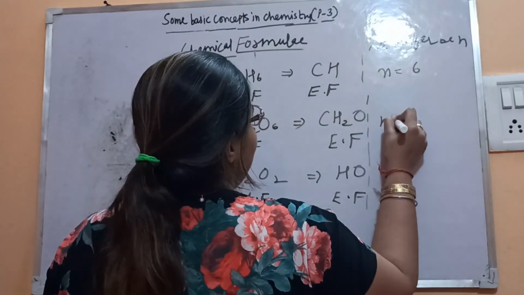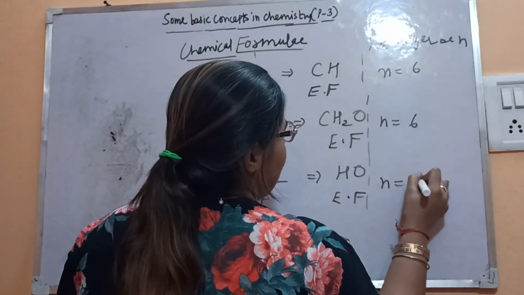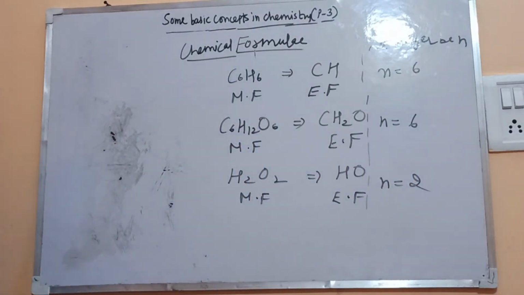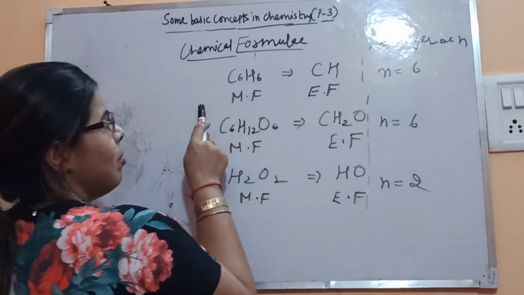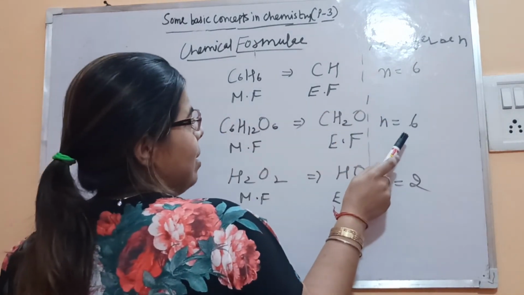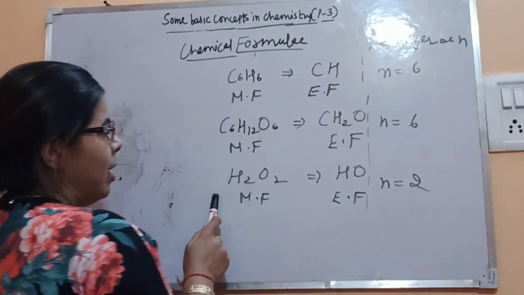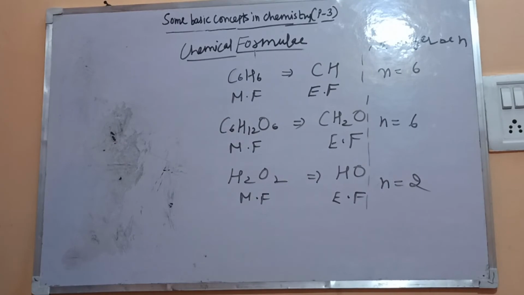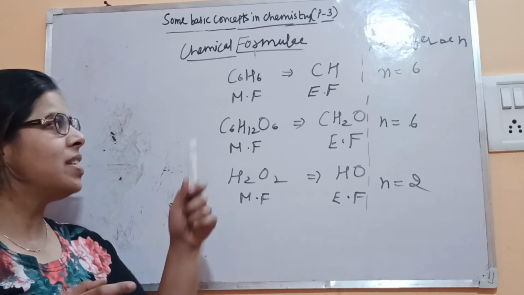Here the value of n is 6. Here the value of n is 2. If you multiply the empirical formula with this, you will get the molecular formula. If you multiply 6 with this, you will get this formula. If you multiply 2 with this, you will get this formula. So how are they connected? They are connected with an integral multiple factor, which is n here.